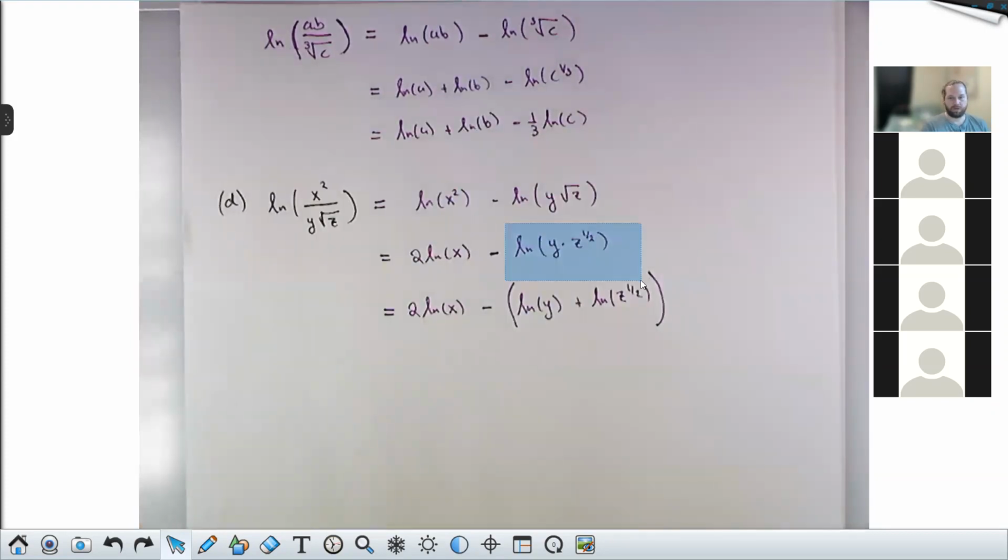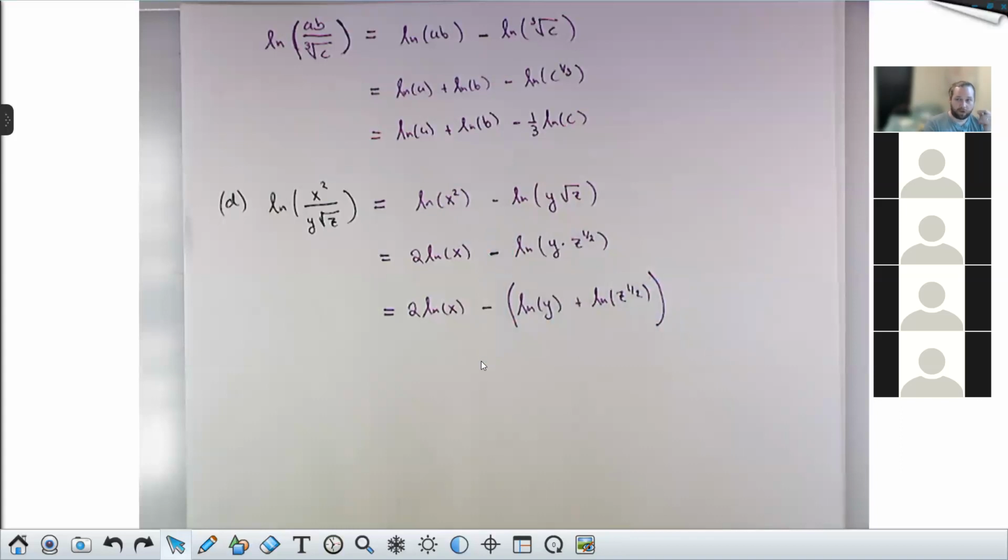Anytime you're replacing a single term, and this is a single term, technically, the ln of something, whatever that is, that's one term. Anytime you're replacing a single term by an equivalent sum of two terms or more, you need to put it in parentheses. This was a chunk, and I need to treat it as a chunk. And that whole chunk was being subtracted. So that whole chunk in parentheses needs to be subtracted.